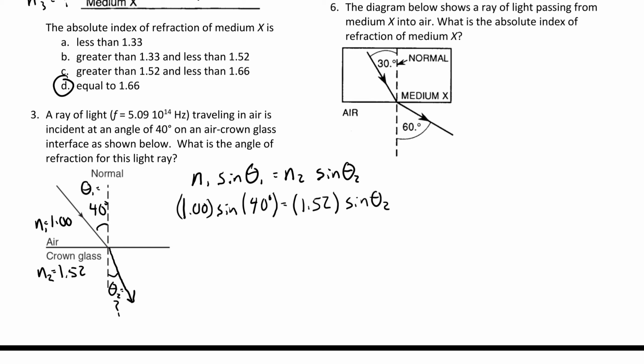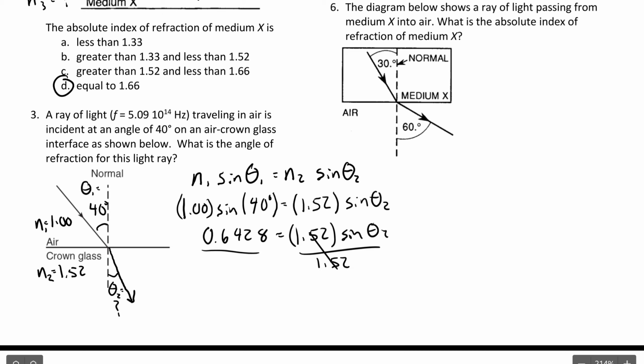At this point, you could solve. So I'm going to do 1 times sine 40, which is 0.6428 if you round it. And that's equal to 1.52 times sine theta 2. Now don't get rid of that in your calculator because we're going to just take that and divide it by 1.52.